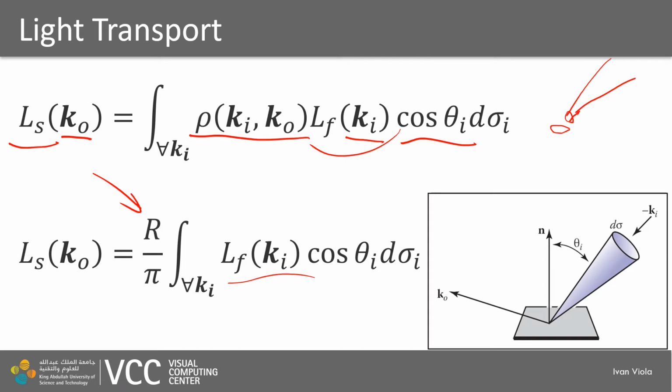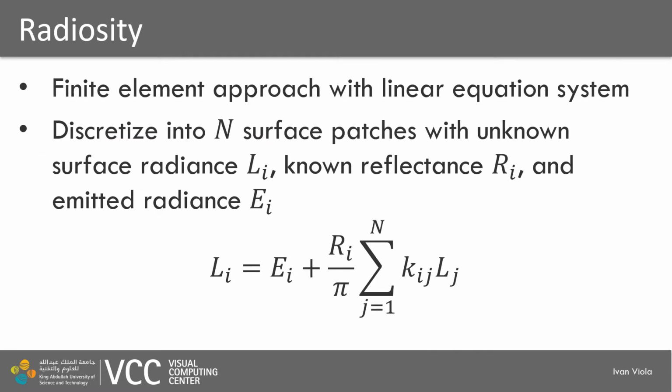If we can do this, we can simplify it as a transport from one surface patch to another surface patch, and evaluating such an integral, we can do as a system of equations, and from this we can compute and solve the light transport problem. Doing it as a finite element approach is called radiosity, and that's its basic idea.